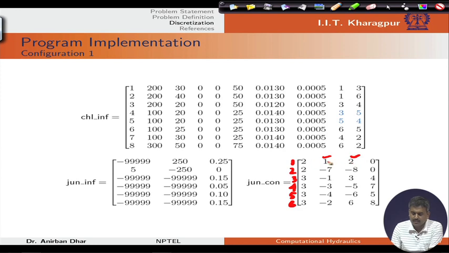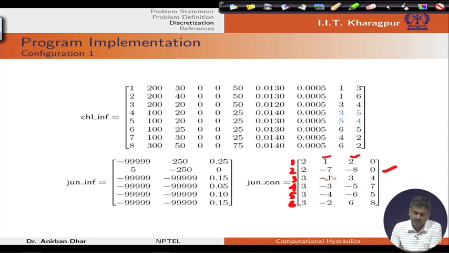These are the starting sections for channel reach 1 and 2, so we have plus 1 and plus 2. For junction node 2, we have 2 connected channel reaches. In this case, -7 and -8 mean end sections are connected.